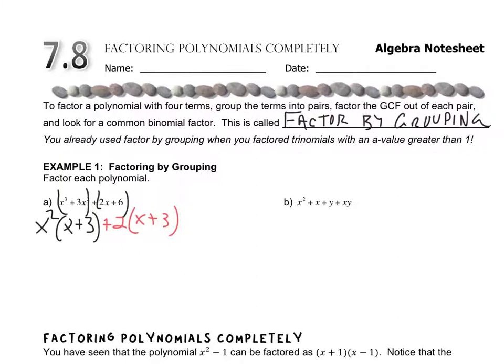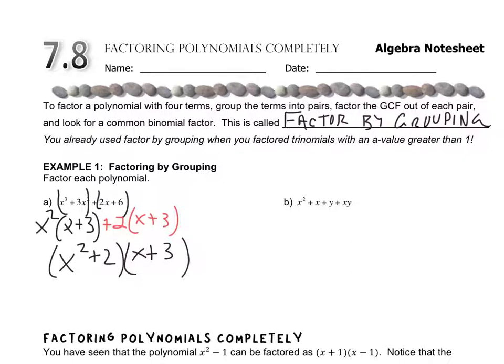But once I have that, and I do have that there, we can then do what we did in the last section and say we now have x squared plus 2 times x plus 3. And again, we want to continue by looking at that first binomial and ask, is there anything else that I can do to simplify that?